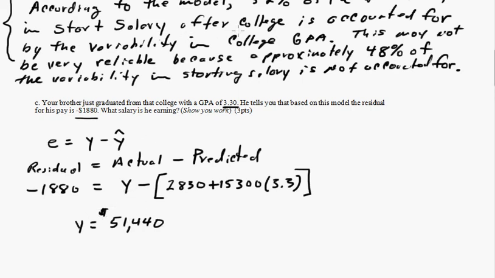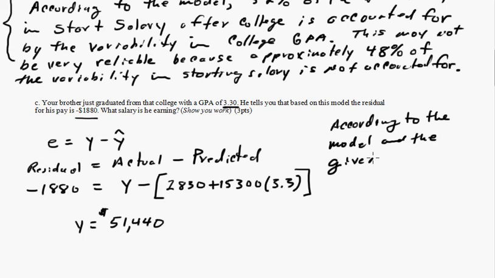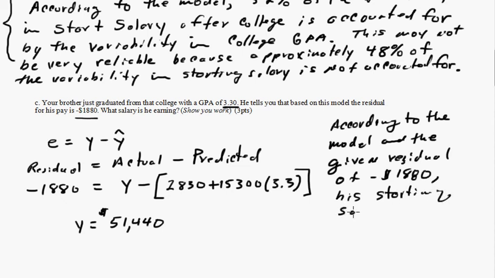So you should have said, according to the model and the given residual of negative 18080, his starting salary is approximately $51,440 a year.